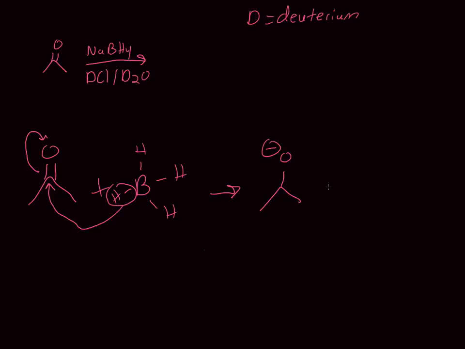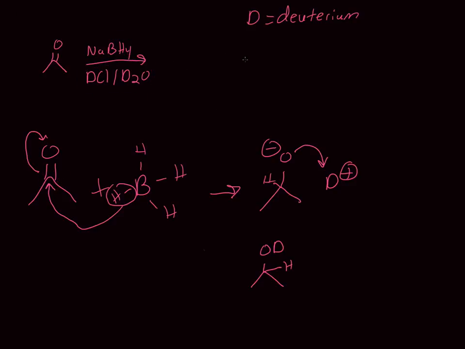And then we do our aqueous workup with DCl D2O. So I'll just write D plus. That will attach to this oxygen. So we'll have something that looks like this, OD, with this hydride attached right here if you want to actually see it. So what's protonating that oxygen is this step. What's adding to this carbon is this step.